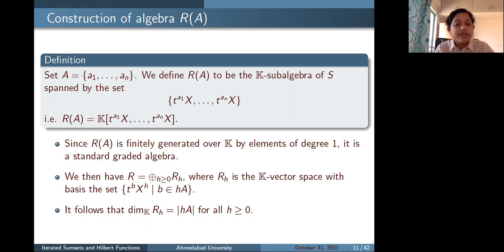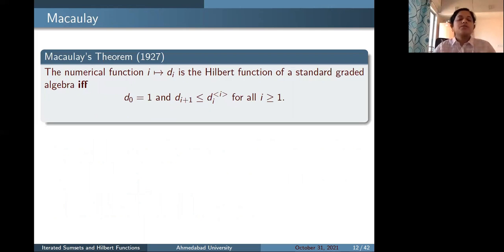Now, what will be our next step? Our next step is that we need to apply the Macaulay theorem. So, in 1927, Macaulay stated that suppose the numerical function i goes to d_i is the Hilbert function of a standard graded algebra.